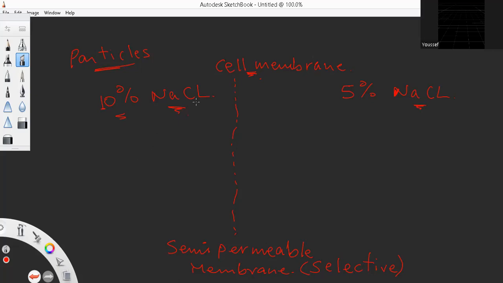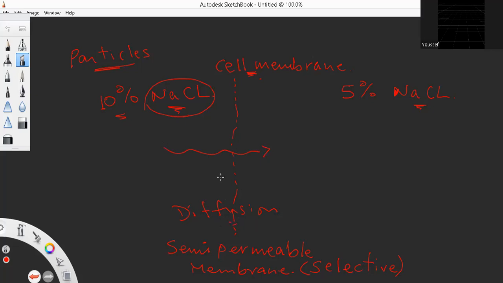It will diffuse from the left, high concentration, to the right, low concentration. This is good, and that's what is called diffusion.